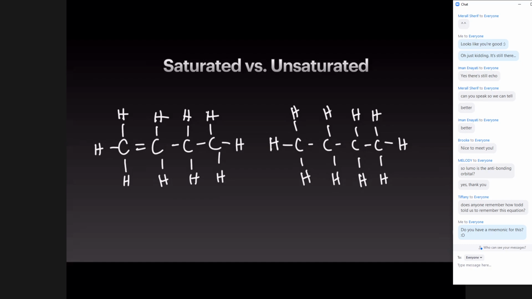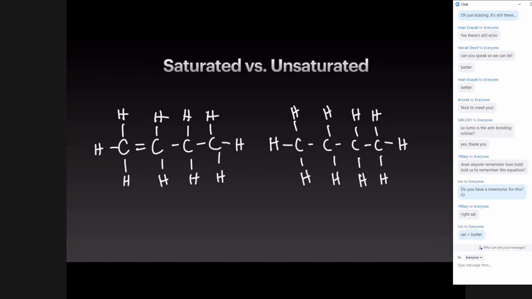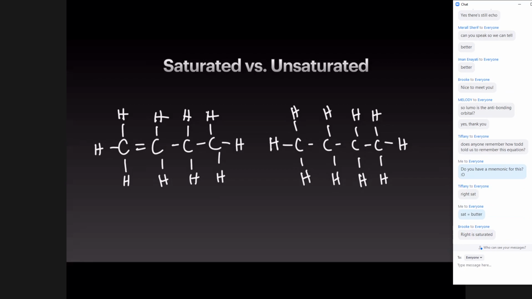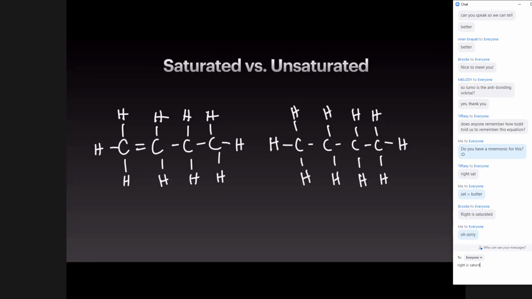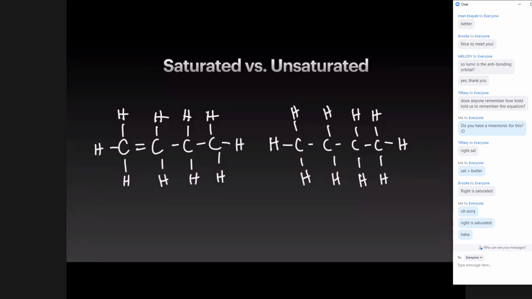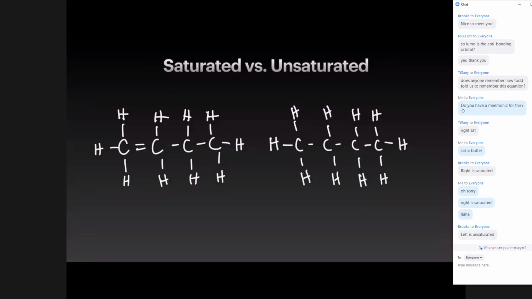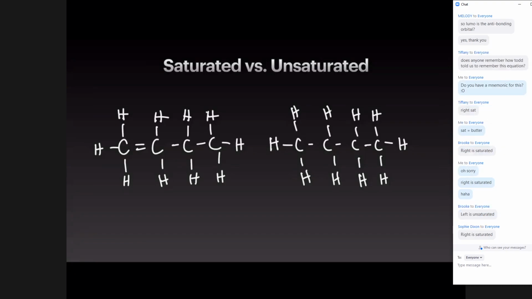And which one do you think is an unsaturated molecule? The right is saturated. Okay, left is unsaturated. That is correct.